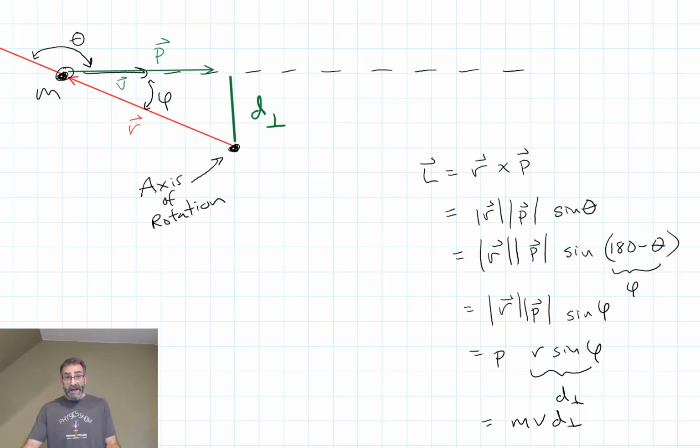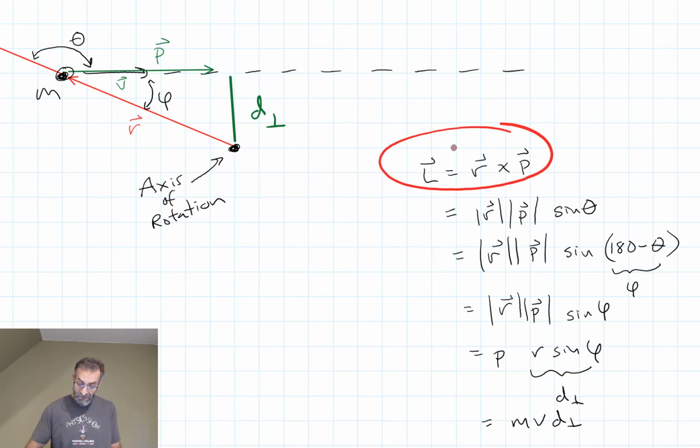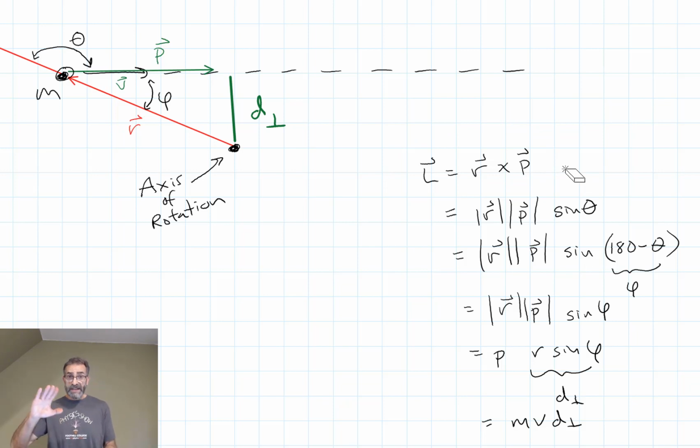Now this is a vector quantity, and I know that my angular momentum has to have a direction associated with it, and the cross product gives us that direction, R cross P. I put my fingers in the direction of R, I roll them toward P when their tails are together, and my thumb points into the page in this case. So for the example I just drew here, L would point into the page.